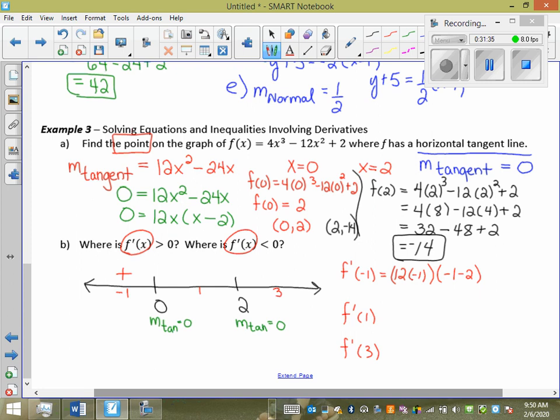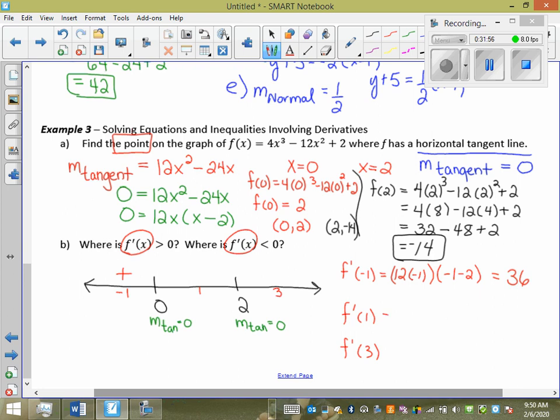Do I actually care what the y value is? Did it ask me what the y values are? No, it just asked me if they're positive or negative. So yes, you could work your way through and say it's positive 36. But I just cared that it was positive.